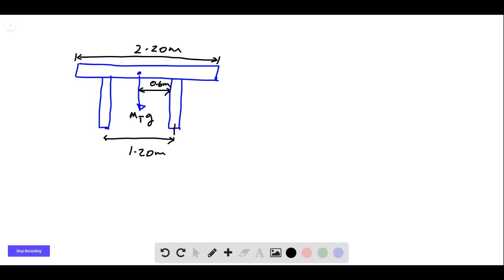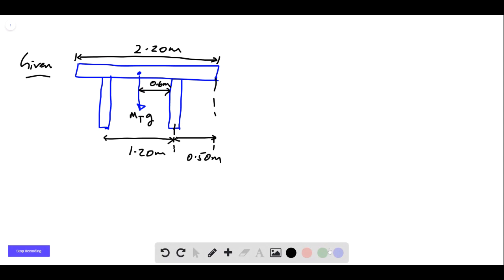And then also another piece of information that's given is the fact that from the right leg up until the edge of the table, we have a distance of 0.50 meters. So this is the information that's given.